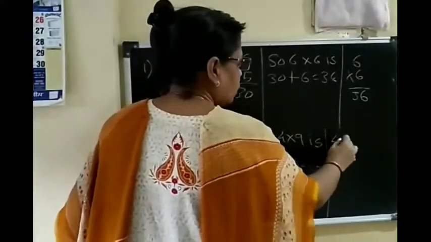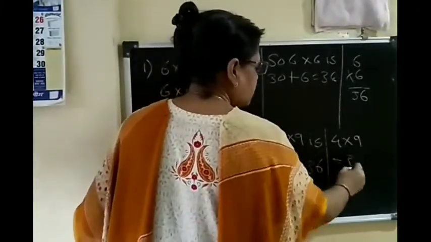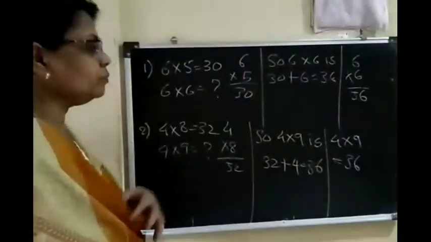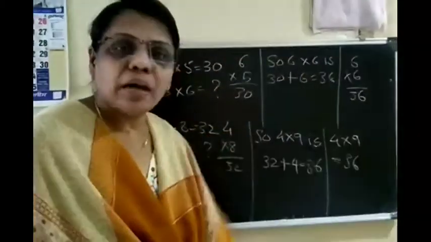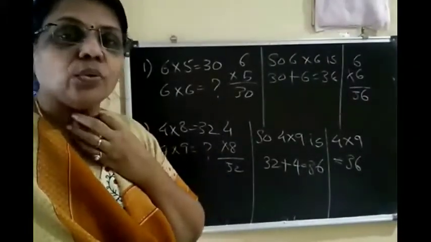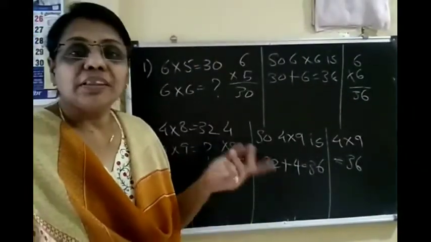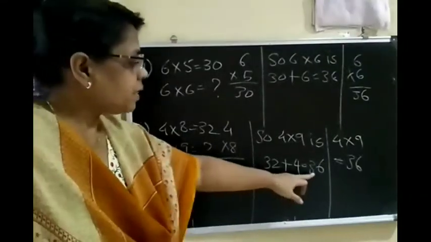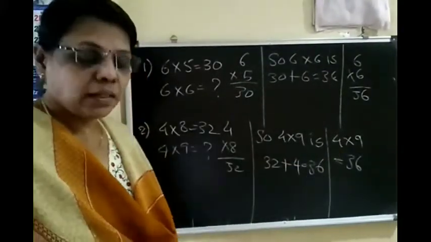So 4 into 9 is 36. You can write it in a vertical manner also. Here 4 8s are, we know the answer, 32. What about 4 9s are? For that, 32 plus 4, that is 36, we get 4 9s are 36.